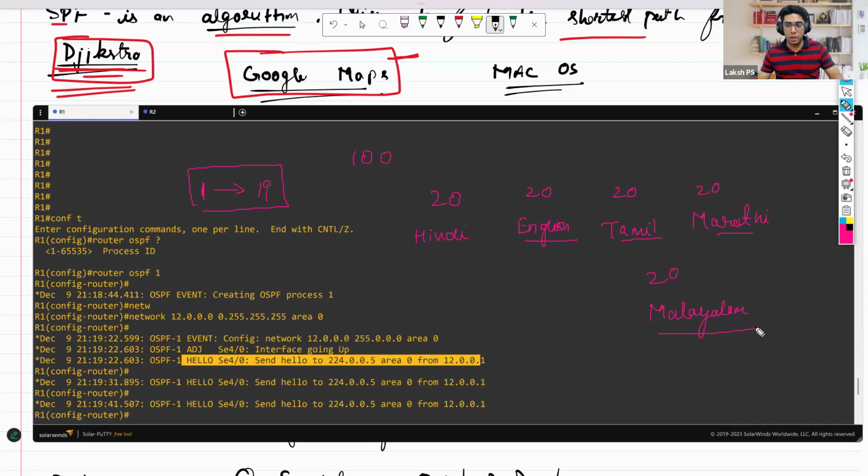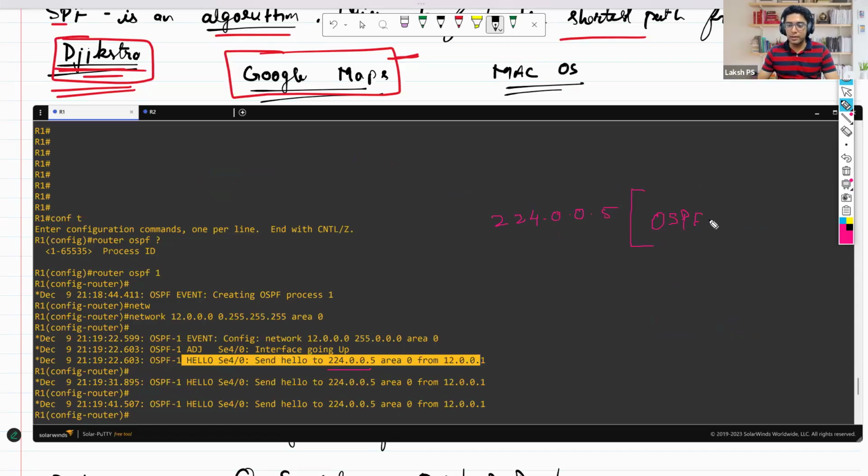That is multicast. So over here, this multicast address of 224.0.0.5 is the OSPF address. What R1 is doing is sending OSPF hello messages at 224.0.0.5.